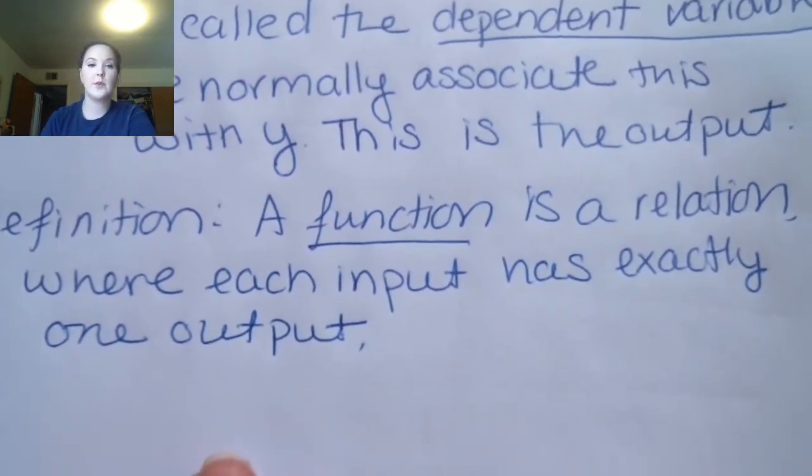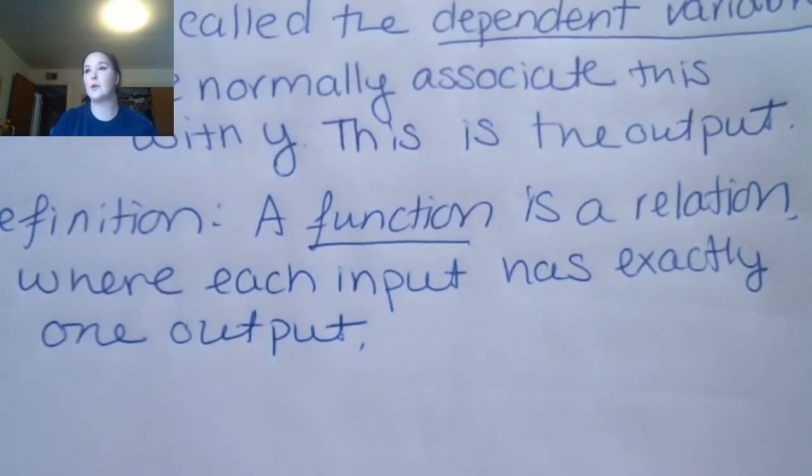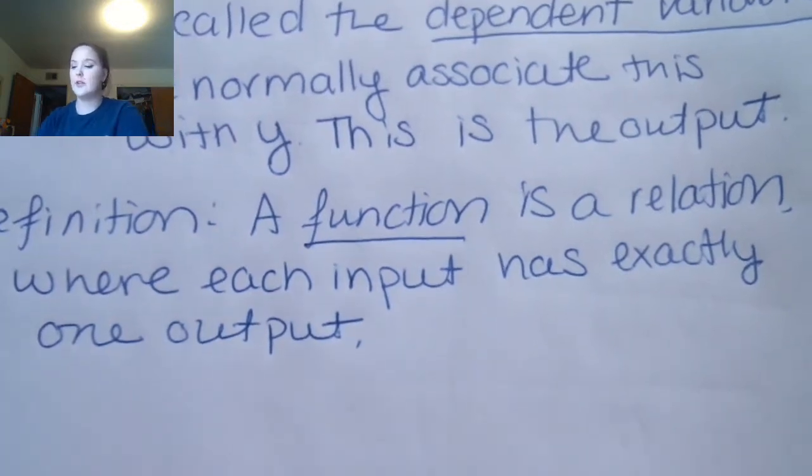The only rule that makes something a function is we want each input value, or each x value, to have exactly one output value or y value. So this condition has to do with x values, and you are checking each of the x's to see what y's go with them. To see how that would look, let's look at an example.